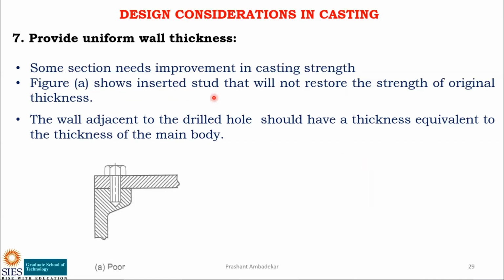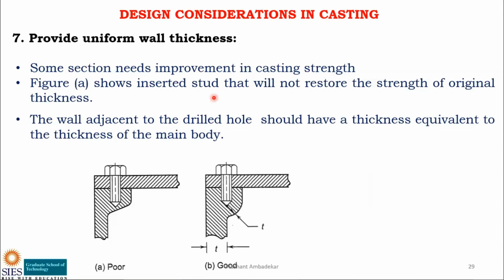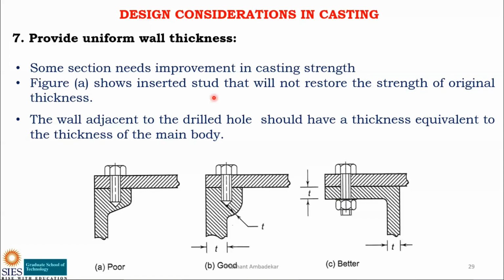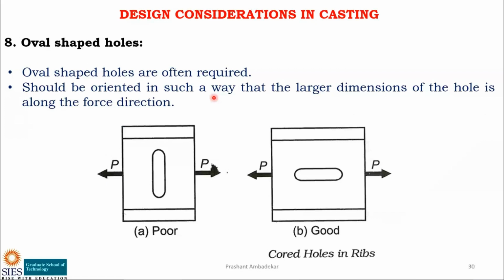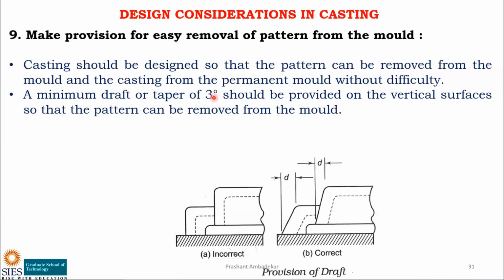Then provide uniform wall thickness. Oval shape hole alignment should be such that force applied is along the larger dimension, and provide the clearance when you are removing the material from the mold, from the sand. Okay, so these are the different points that are to be considered when you are designing the casting part.